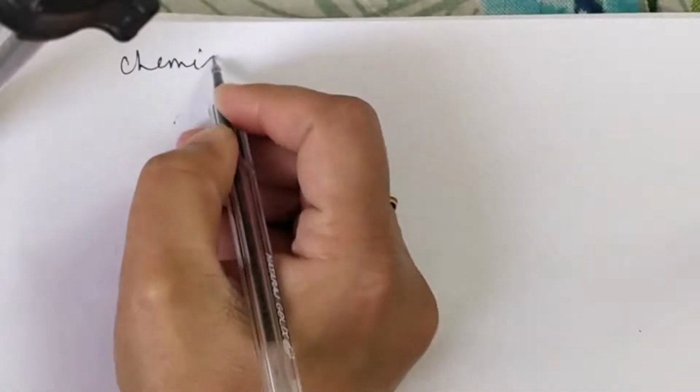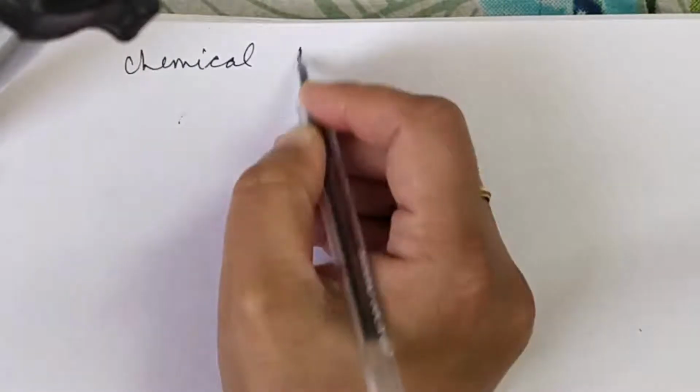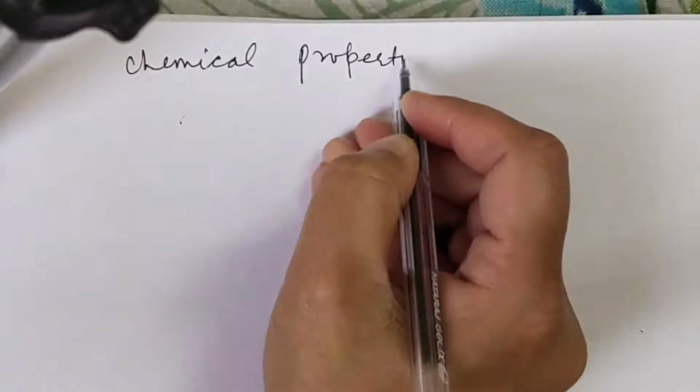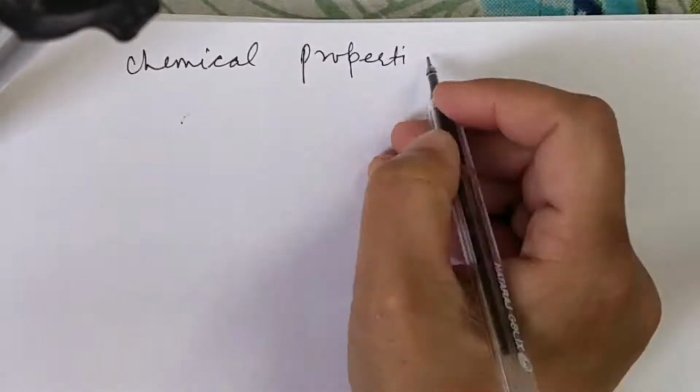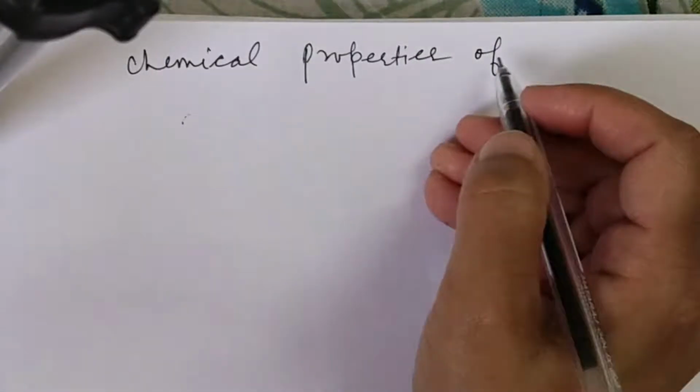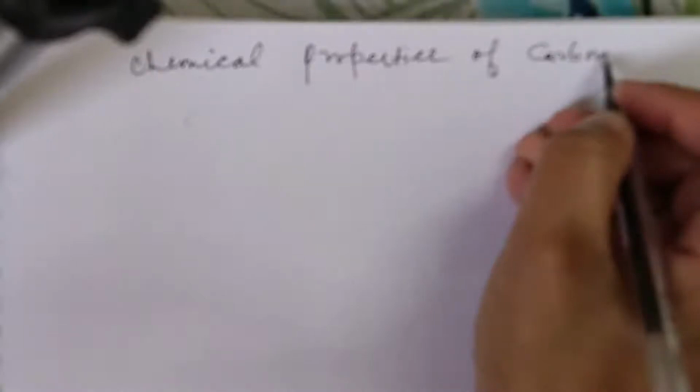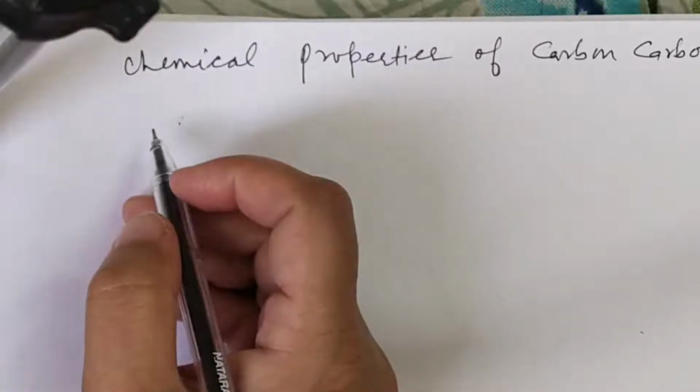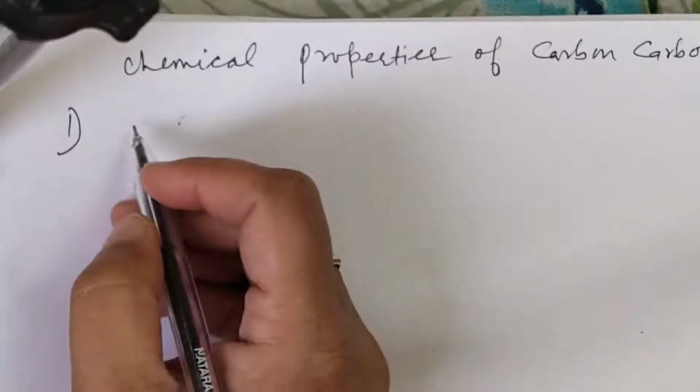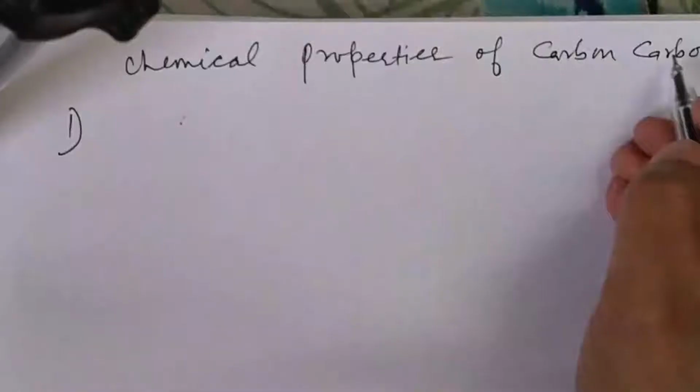Next we are discussing the chemical properties of carbon compounds. We are taking it a little faster, in a nutshell, not in detail here. Basically we are dealing with the chemical reactions shown by carbon compounds.